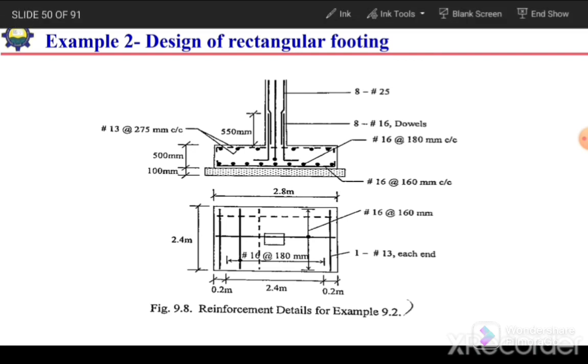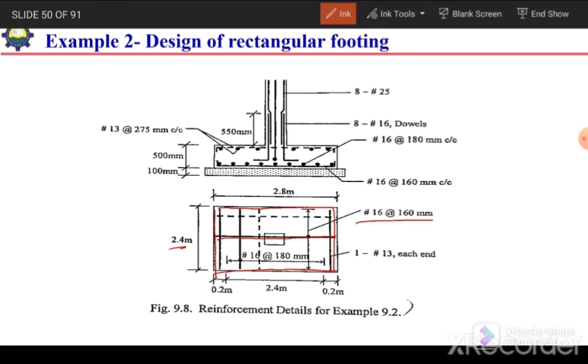So the next is to communicate the design. So for the communication, we need to communicate the length and width or the section details, which is 2.4 width and 2.8 length of footing. And then we need to show the reinforcement detailing. So in longer direction we have uniform distribution of the reinforcement, which is equal to number 16 bar at the rate of 160 millimeter.